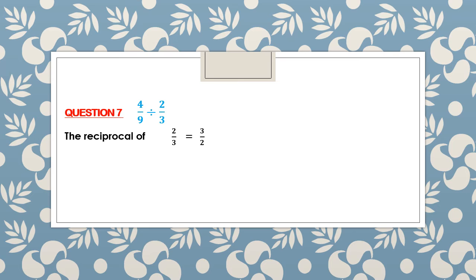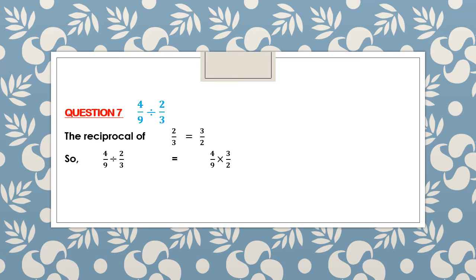Now we'll convert this division sign into multiplication sign, and instead of 2 upon 3 we'll write down the reciprocal 3 upon 2. So 4 upon 9 multiply by 3 upon 2.